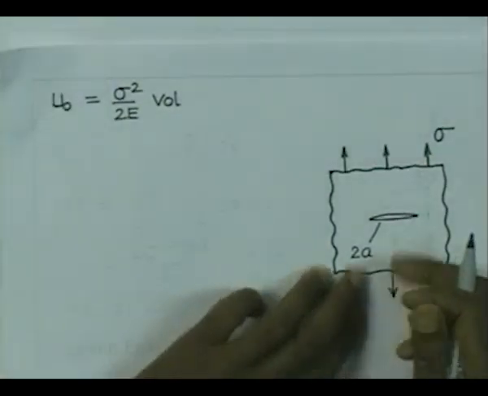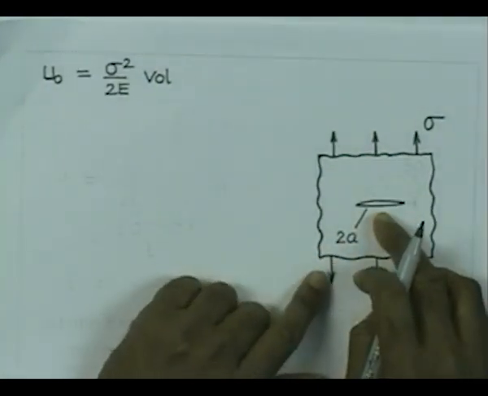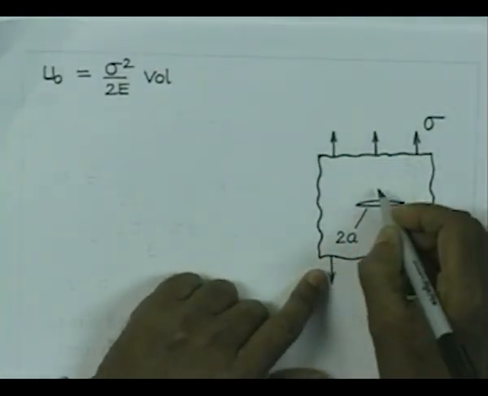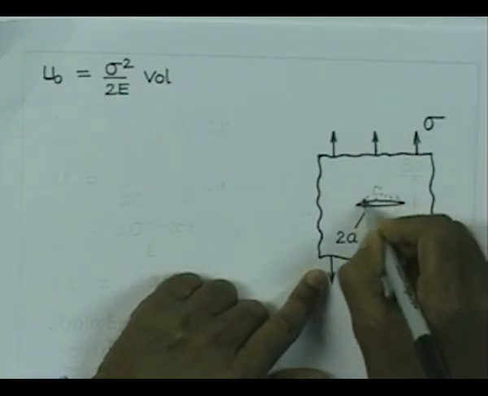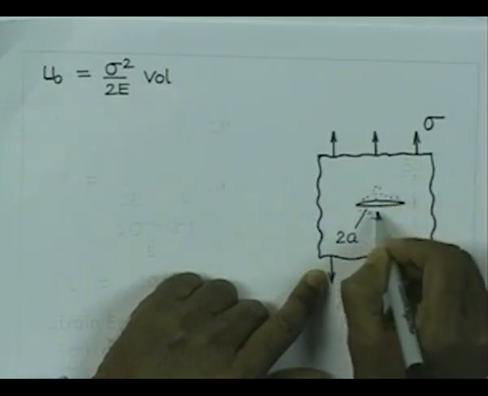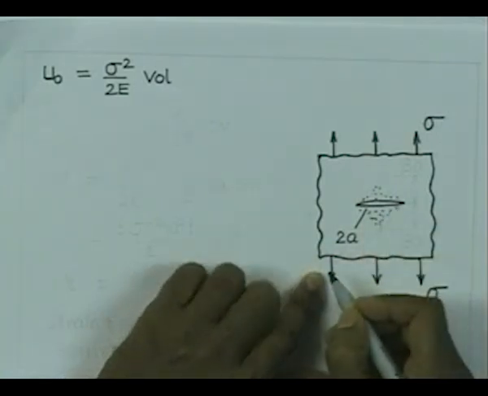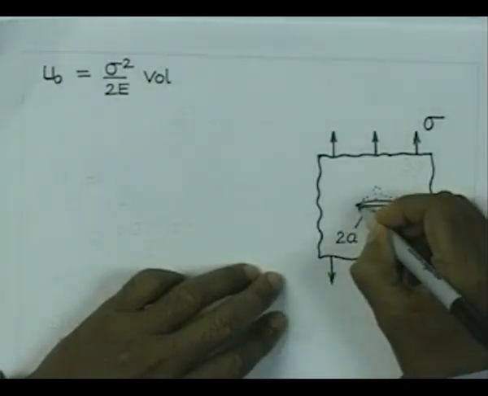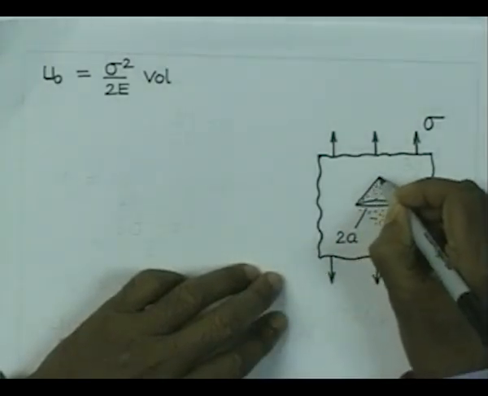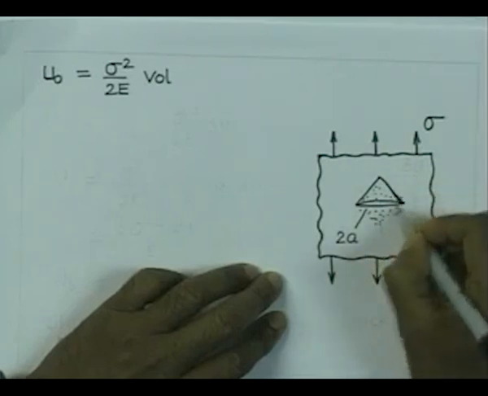Now, if we introduce a crack here, because of the crack, a portion of the material lying just above the crack and below the crack is going to be free of any loading, free of any stress and strain. Let us approximate that there is a zone here which is like this.